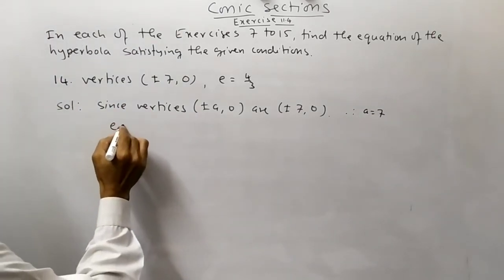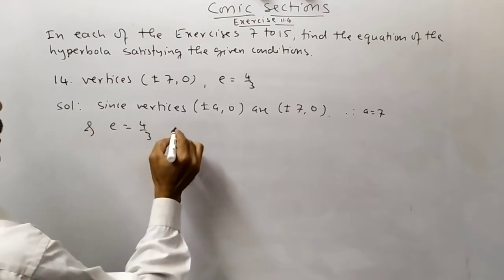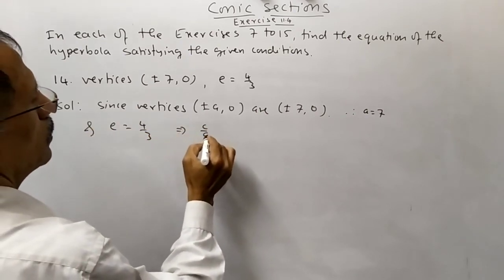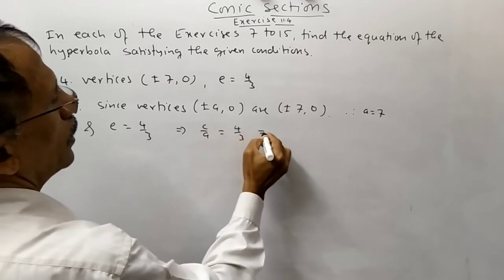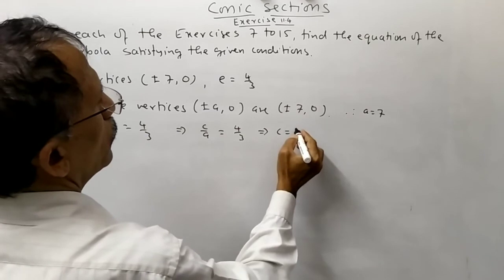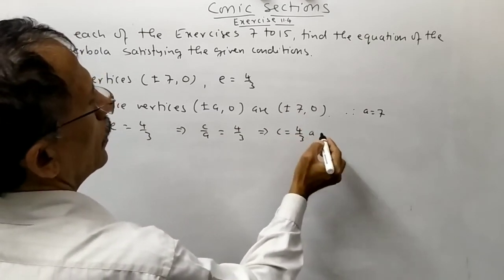And e is equal to 4 by 3 implies c by a is equal to 4 by 3, which implies c is equal to 4 by 3 into a.